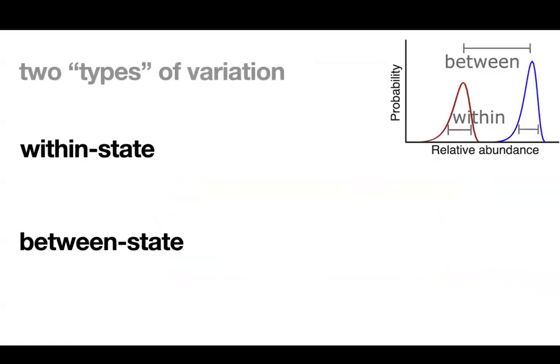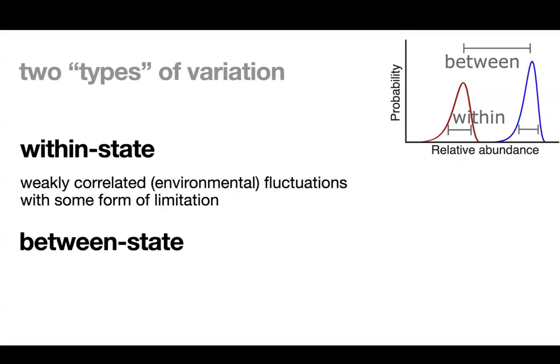So in summary, there are these two types of variation in experimental communities. One is this within state variation, and the interpretation for this type of variation is that these are weakly correlated environmental fluctuations, like the ones I showed in the first part of the talk, with some form of limitation.